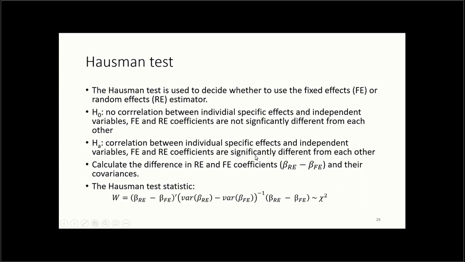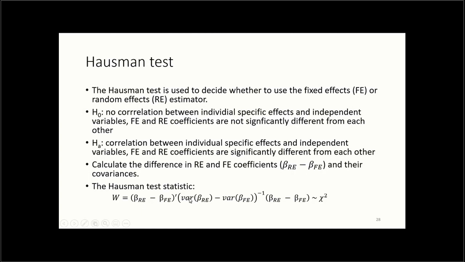And so in order for us to test these hypotheses, we would be calculating the difference in the random effects and the fixed effects coefficients. So here we would have all the betas for the random effects estimator and the betas for the fixed effects estimator and their covariances. And the Hausman test statistic, you see, has the difference between these coefficients here. That's prime, which means transposed.